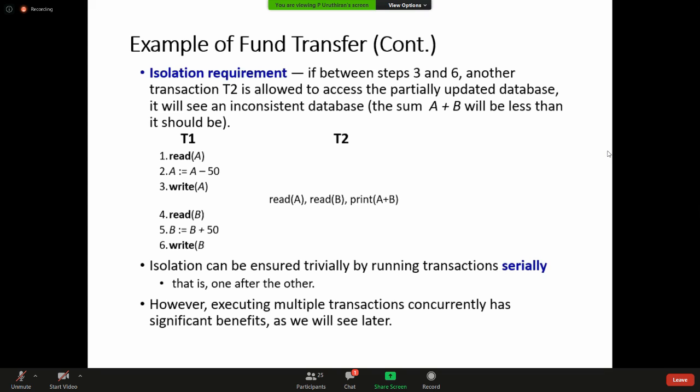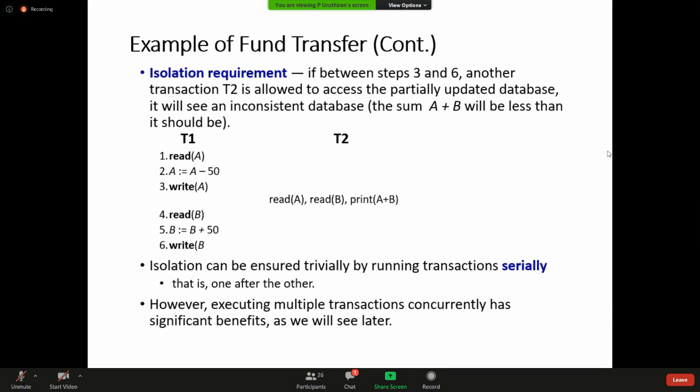Okay, this isolation can be ensured trivially by running the transactions serially, that is, one after another.